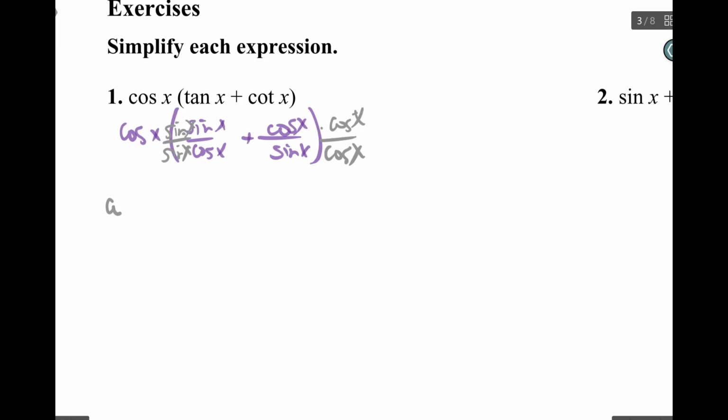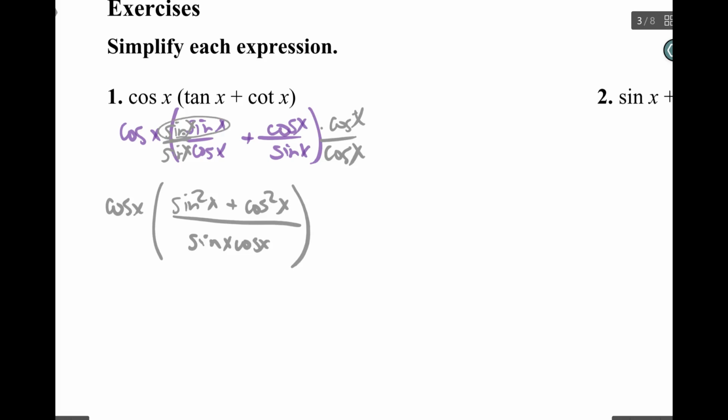So in rewriting, I'll have cosine of x times sine squared x plus cosine squared x over sine x cosine x. Okay, so I multiply these out. Sine times sine is sine squared, cosine times cosine is cosine squared, and then I'll have sine times cosine as a common denominator.